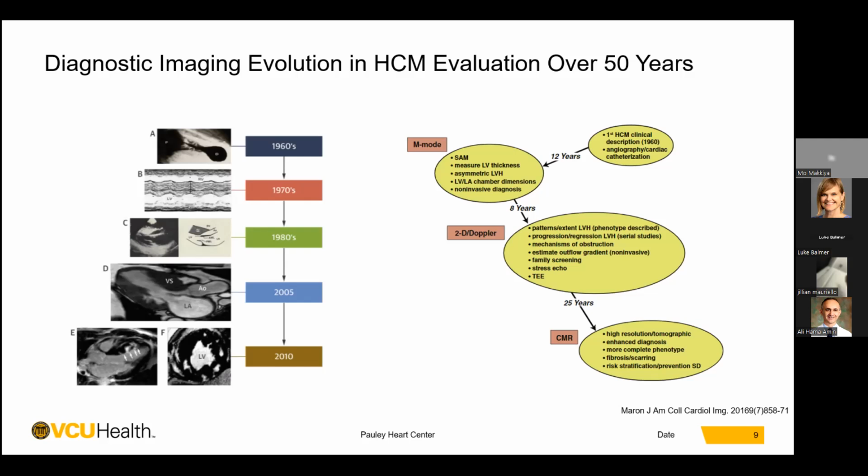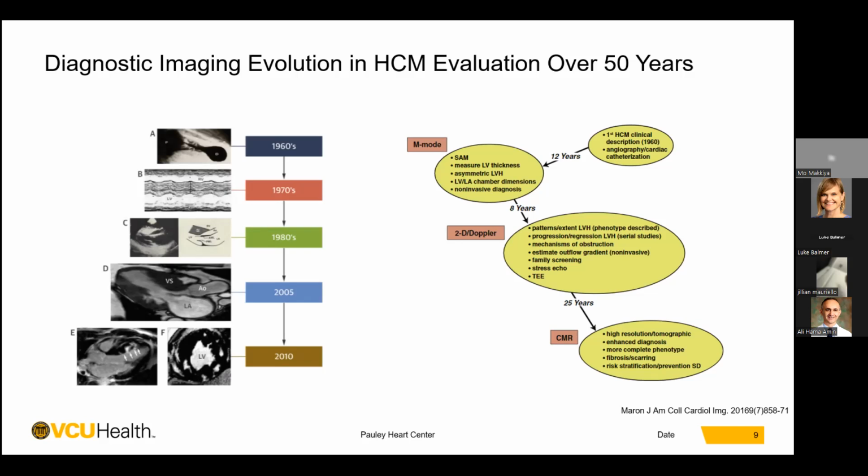The work that pioneered most of these imaging techniques was done by the Marin family and Dr. Braunwald. Throughout the years, we see that in the 1960s, we used angiography and invasive hemodynamic measurements in the evaluation of HCM.